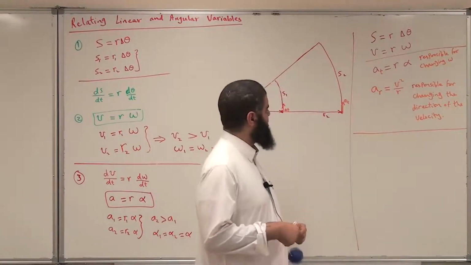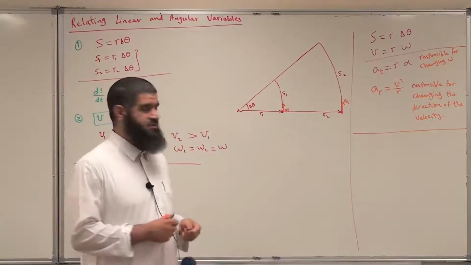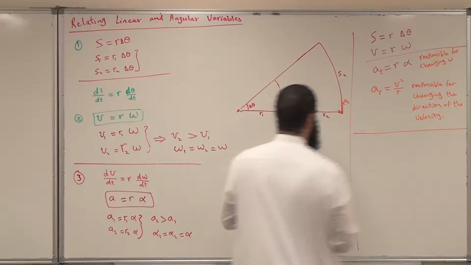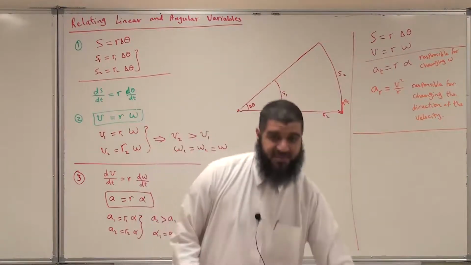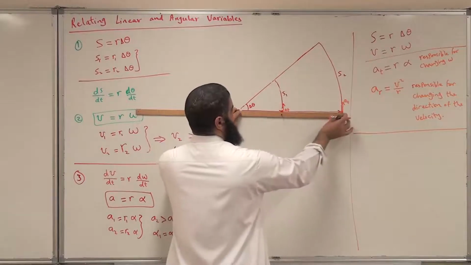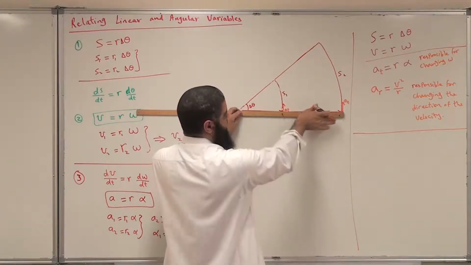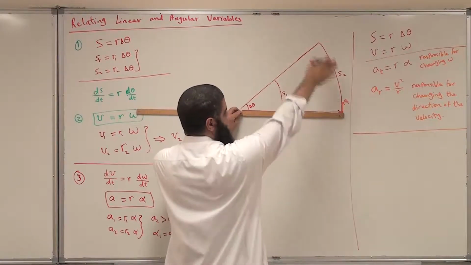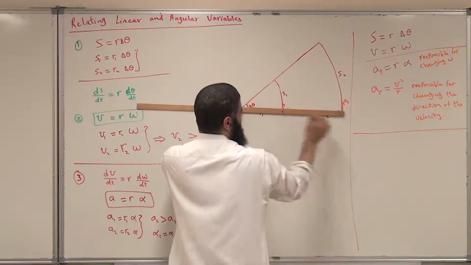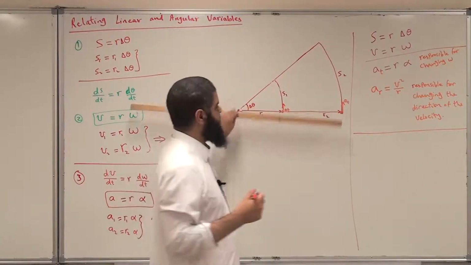So if you would like to find what is the resultant or the net acceleration of a certain point on my rotating object, this was my rotating object. Okay, interested in knowing what is the total acceleration of this point. It has tangential acceleration tangent to the circular path, and there is a radial acceleration which is toward the center.